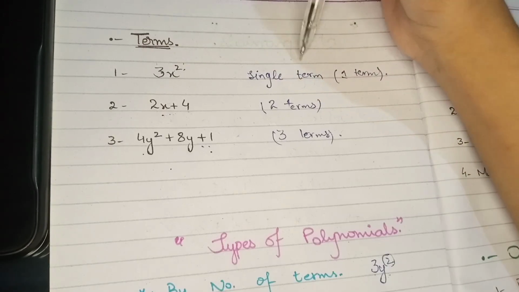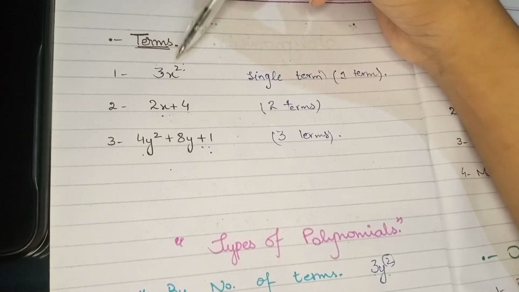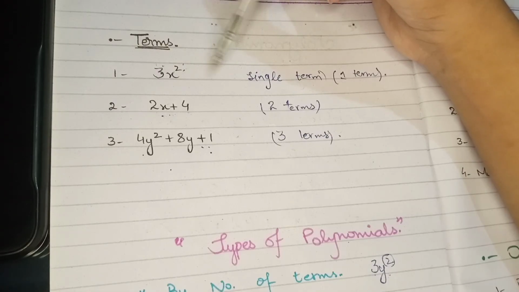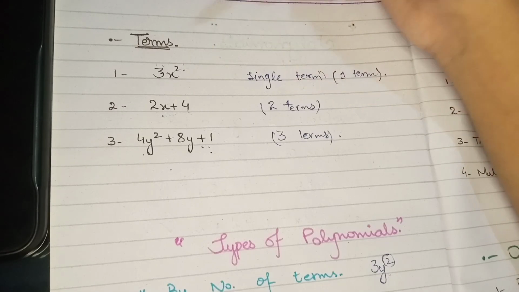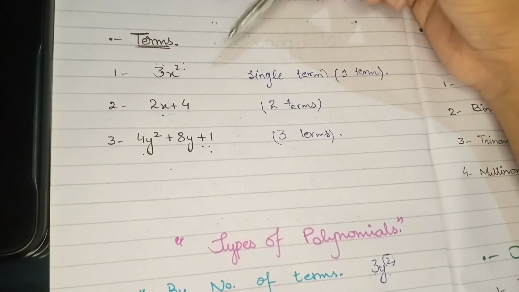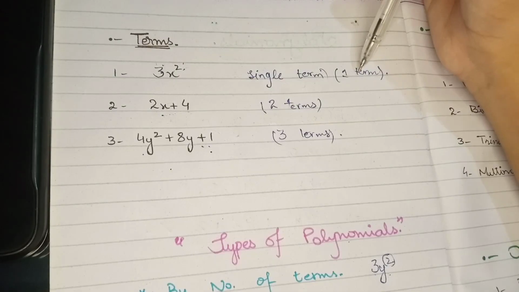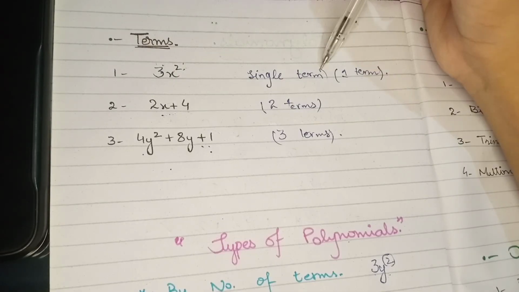So it is a single term. A term is a combination of coefficient, variable and a power but cannot be separated by any other sign like positive or negative. So here is a single term, 3x square. So we write it here as one term or single term.